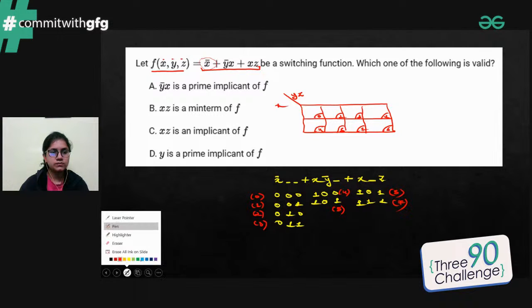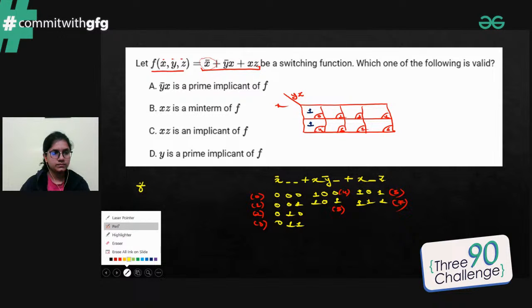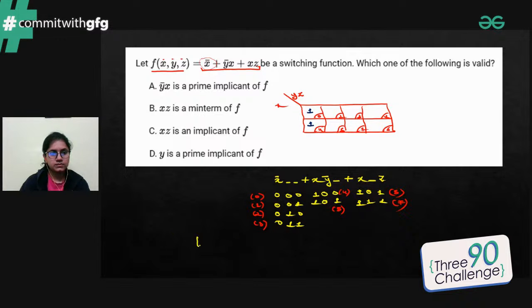Now let's put the values for this. Then 1 also we have. So let me write the mean terms. So f is equal to mean term values 0, 1, 2, 3, 4, 5, and 7.